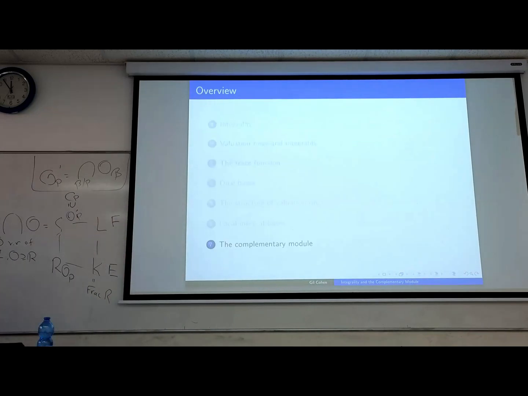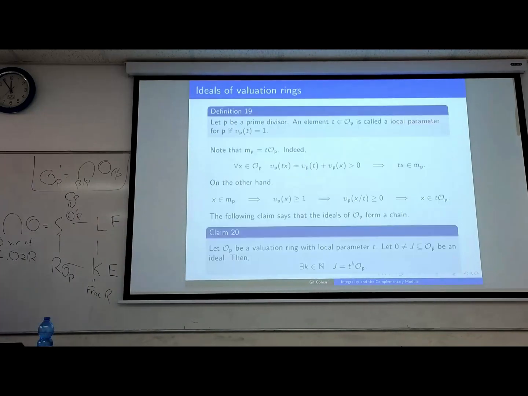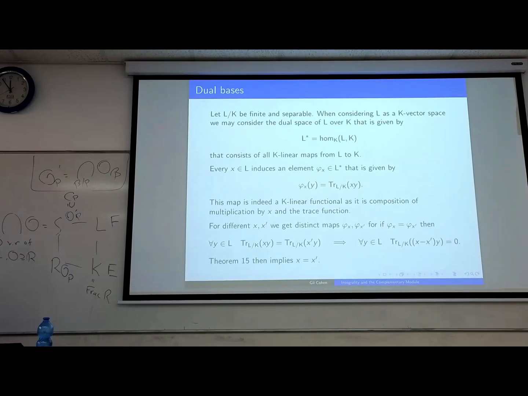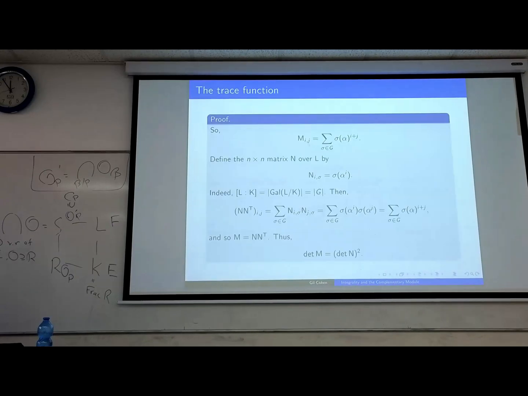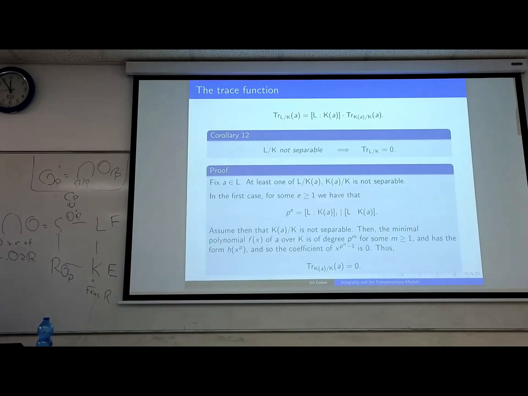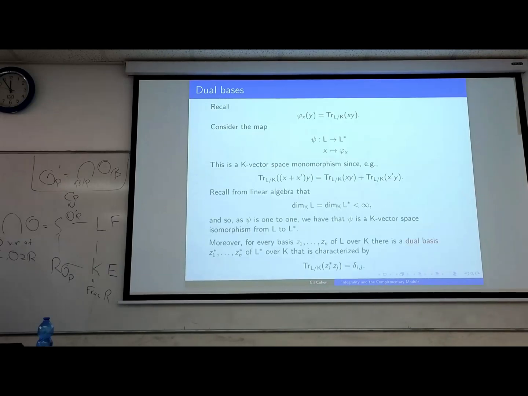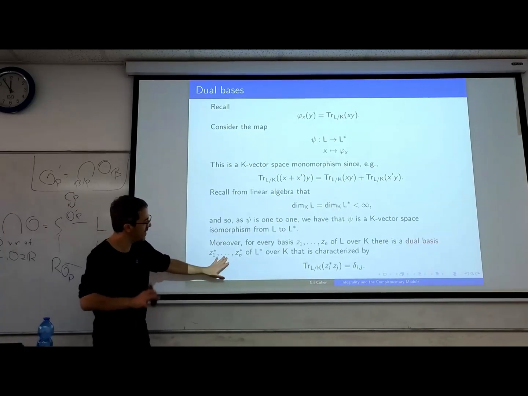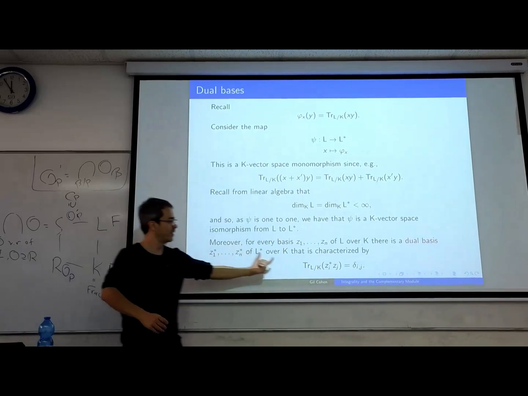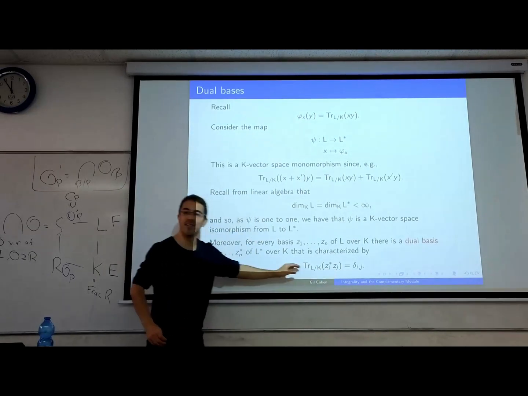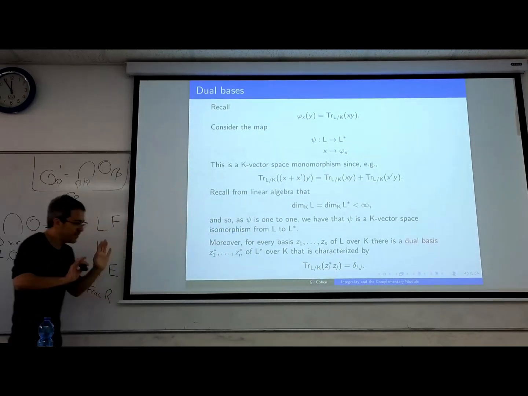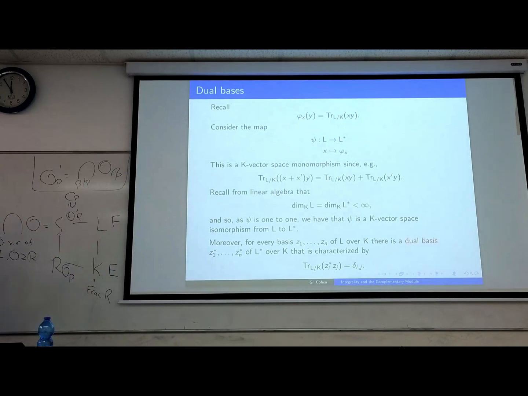So you need to solve a system; it's non-explicit. The Z_i star are obtained from the Z_i as those that solve this linear system of equations. So it's very non-explicit.